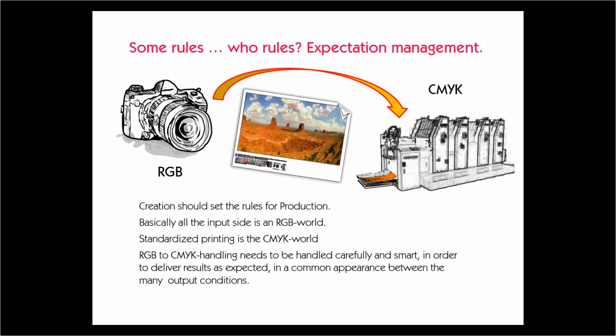So the RGB world in creation and in the agencies should set the rules for color communication. These rules would deliver a good start for the complete communication with the print buyers without too much over or under promising.